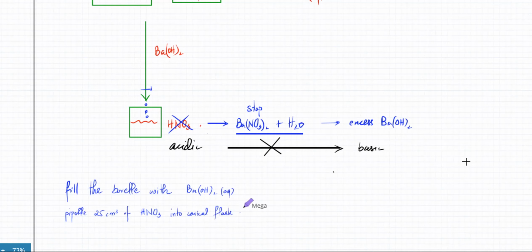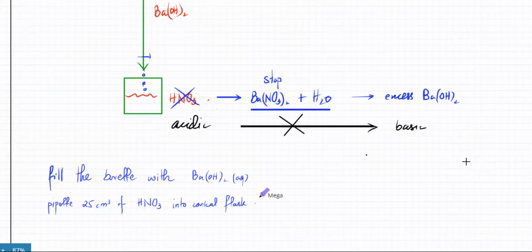Now, once you do that, you're going to fill it into the conical flask. And once you do that, add a few drops of methyl orange indicator or any indicator. So I'll just write indicator in general.